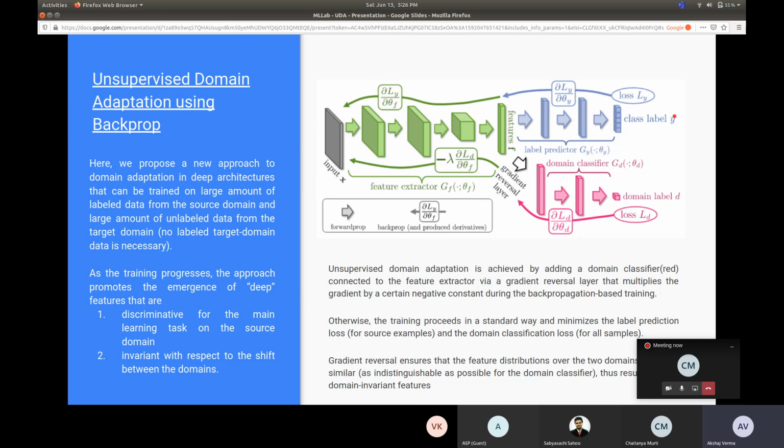They don't use MMD anywhere here. Both of these losses, LY and LD, are cross entropy losses. But then the question arises as to how they actually train to separate domains. What they do is once they calculate the domain loss, they multiply the returning gradients from here by negative lambda, and then the backprop happens as usual.